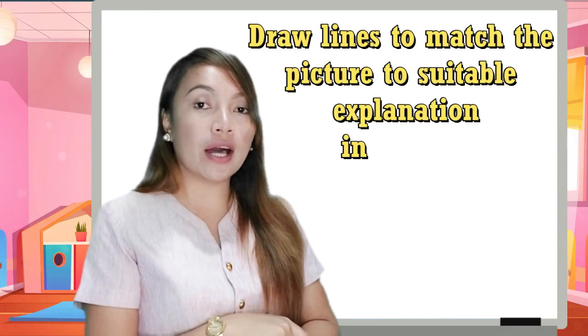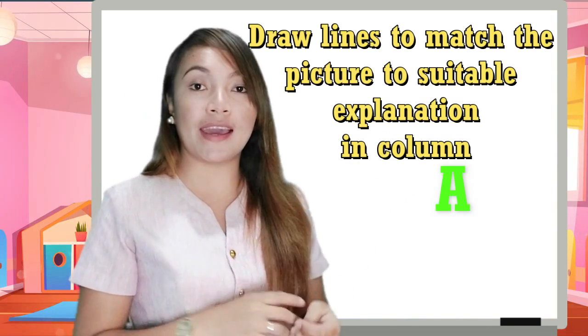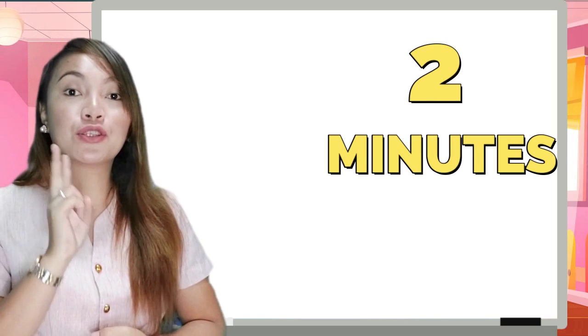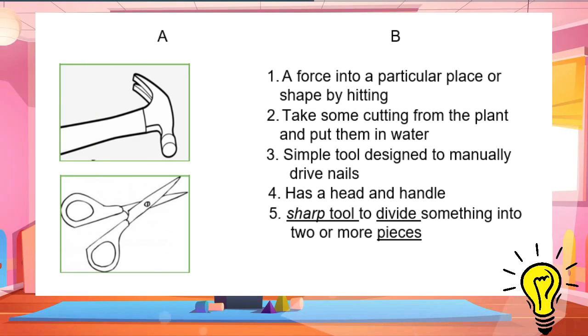Okay, now you will draw lines to match the pictures to its suitable explanation in the column A and B. You will be given 2 minutes to answer this activity, and your timer starts now. Time is up! Now let's check if you got the correct answer.